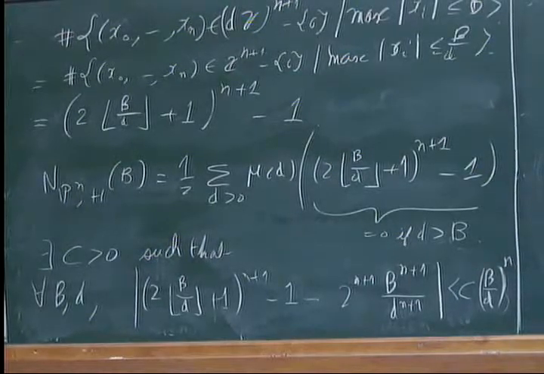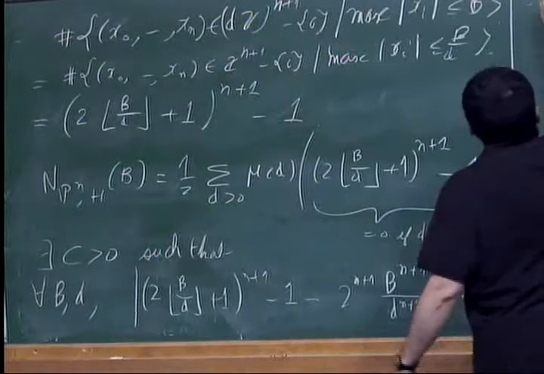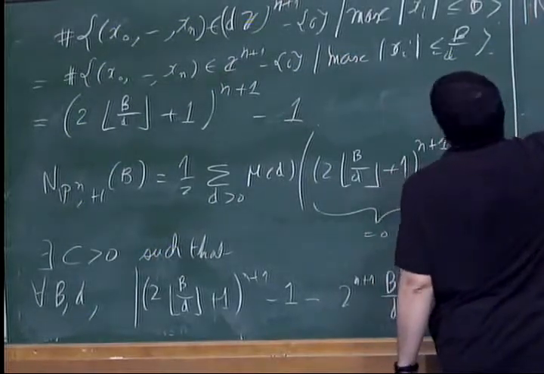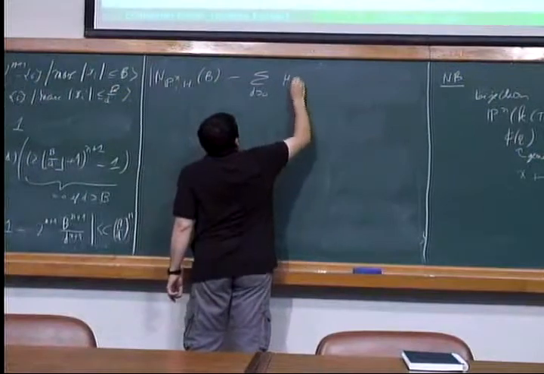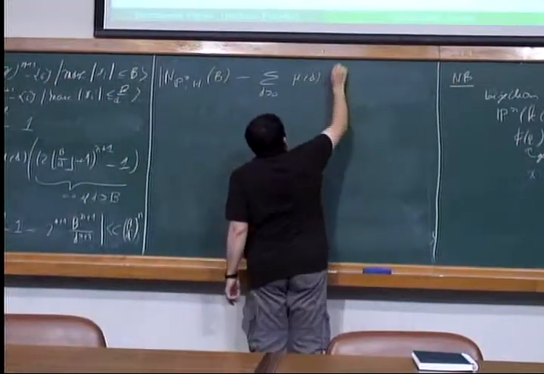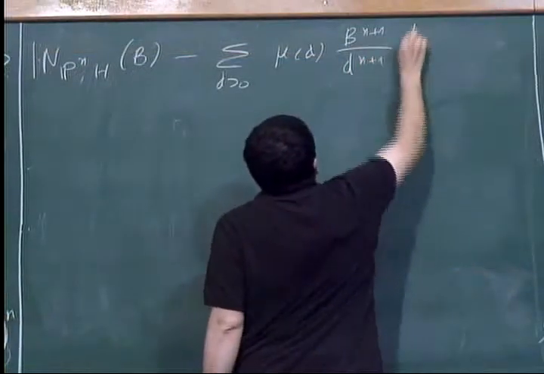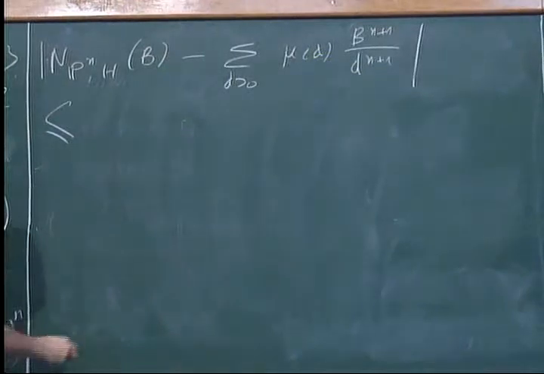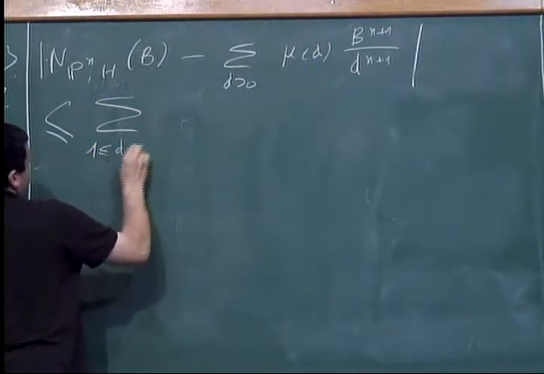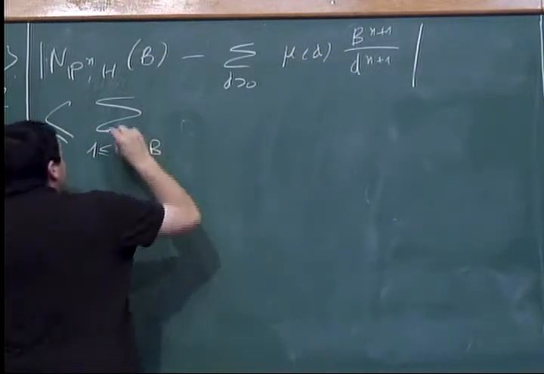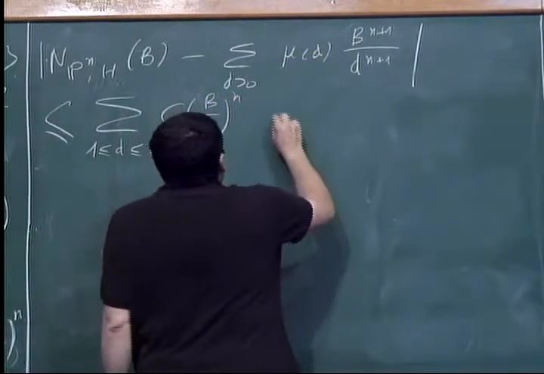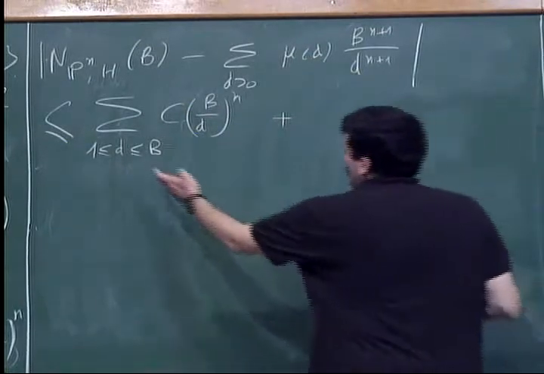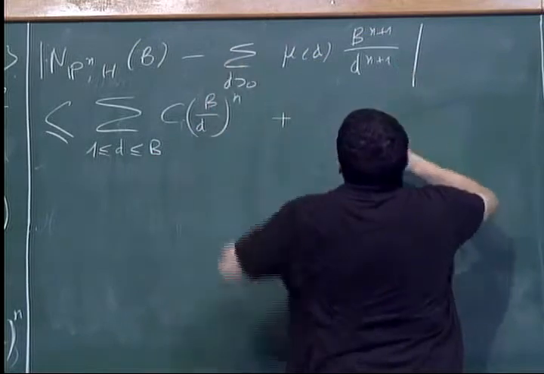Using this inequality, I get that the absolute value of N_{P^n,H}(B) minus the sum for d strictly positive of mu(d) B^(n+1) divided by d^(n+1), this is less than the sum for 1 less than d less than B of c (B/d)^n plus, well, for d bigger than B, the only thing which remains is coming from this factor.